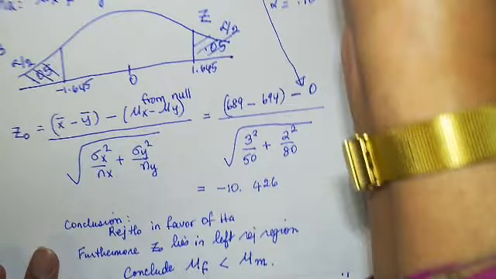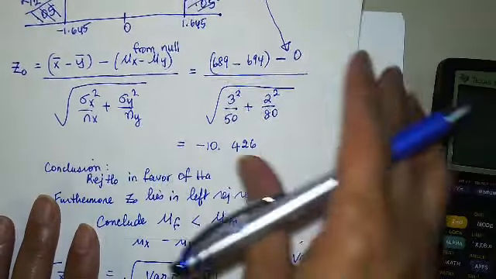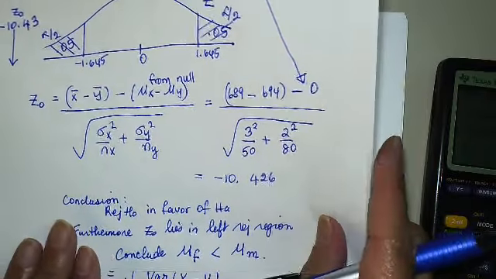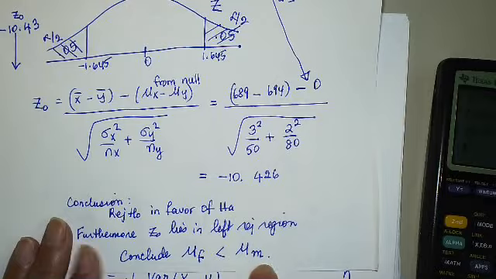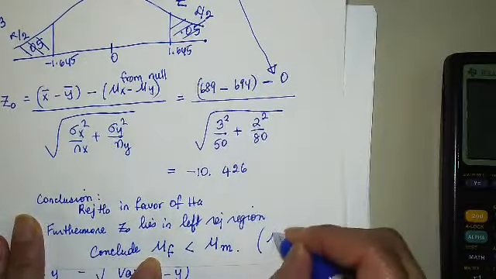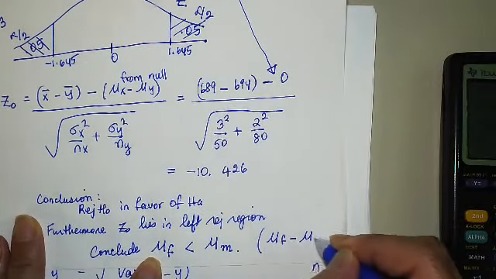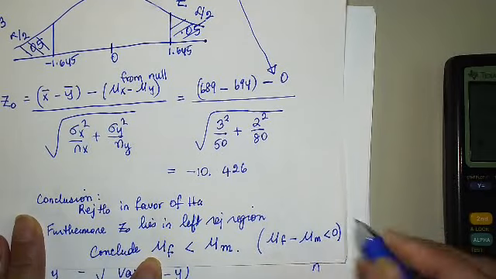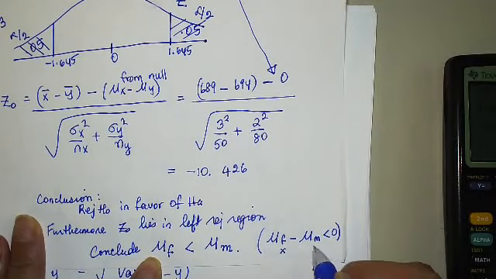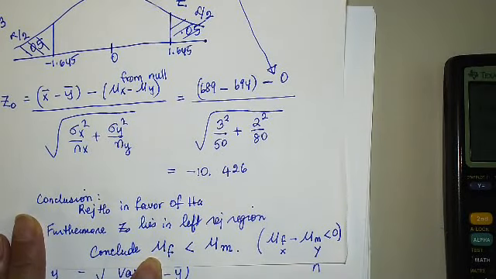So conclude that mu for females is less than that for males. You wouldn't think so when you first look at the data, right? Look at the data. 689 versus 694. It seems like pretty much the same, right?